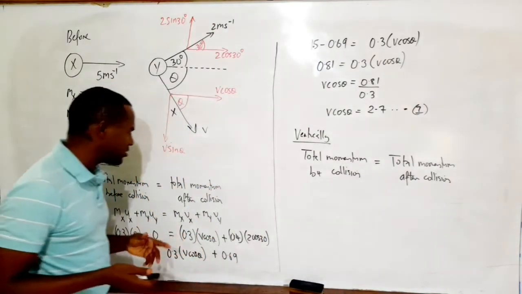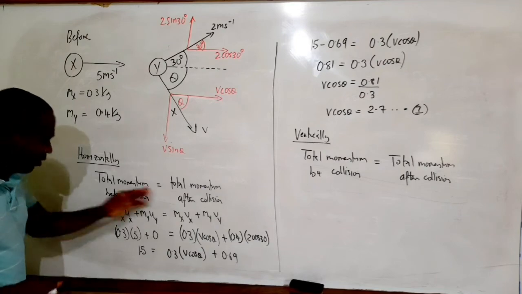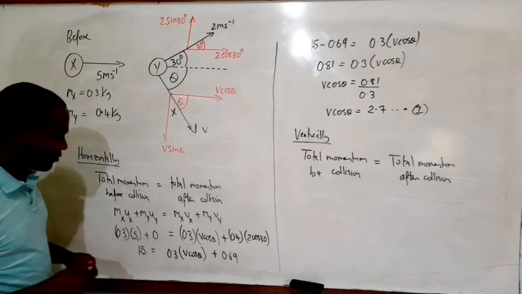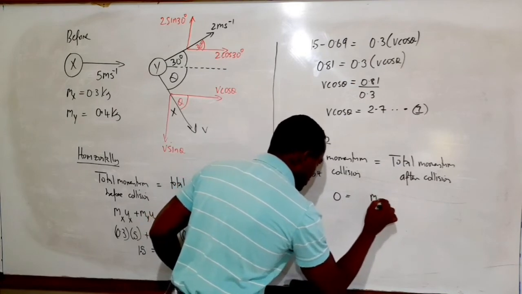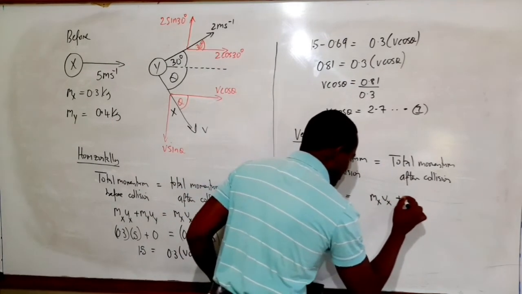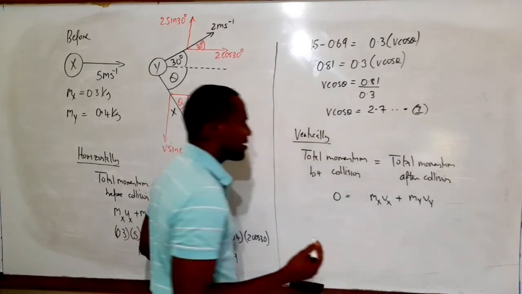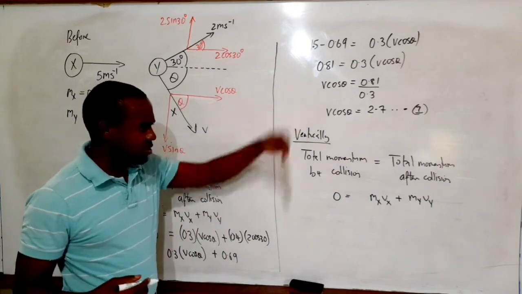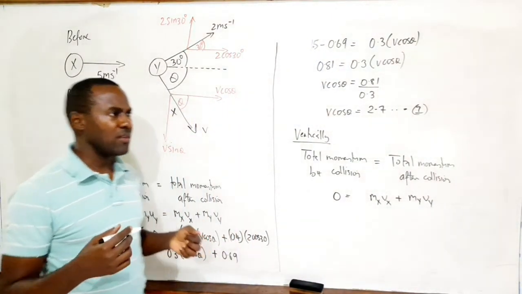So instead of just writing down mx ux plus my uy, we know all of that is going to be equal to 0. So we can just write down that 0 is equal to mx vx plus my vy. And bear in mind that we're considering the vertical direction, so these subscripts x are not indicating the x direction, but simply the particular body.